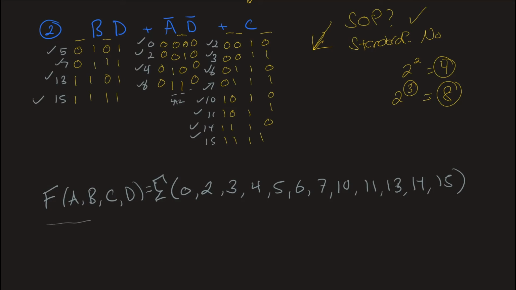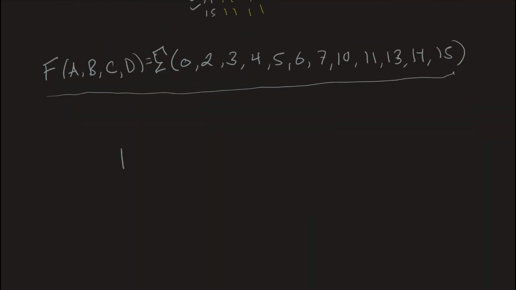So again, I just wanted to show you this because one, it can make it easier for you to write it all out, but you might encounter that in the real world. Somebody might say, build this circuit that's true at 0, 4, and 7.